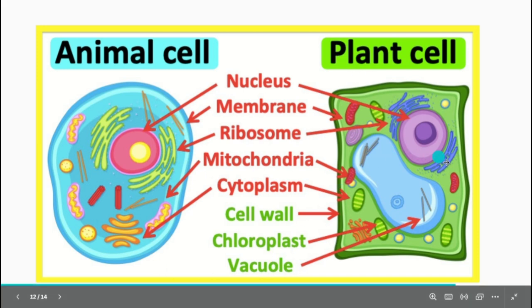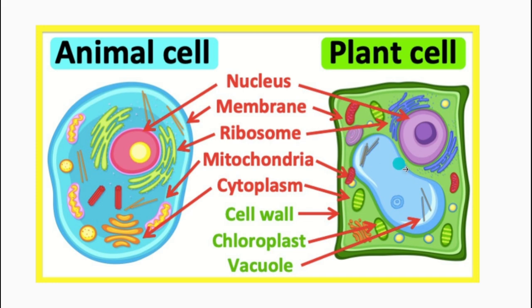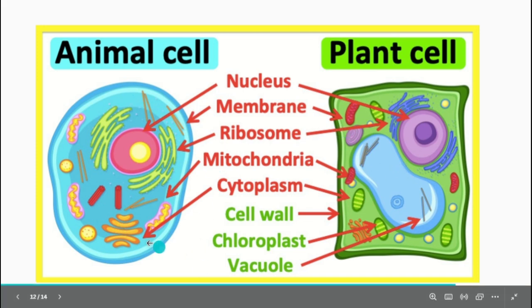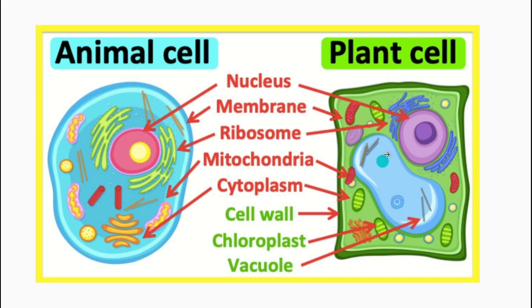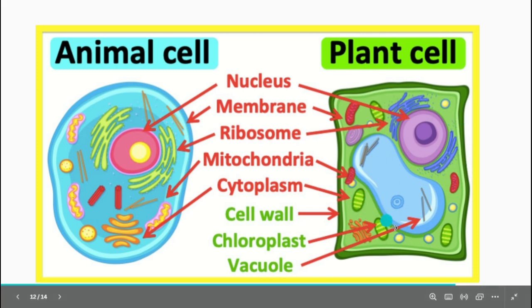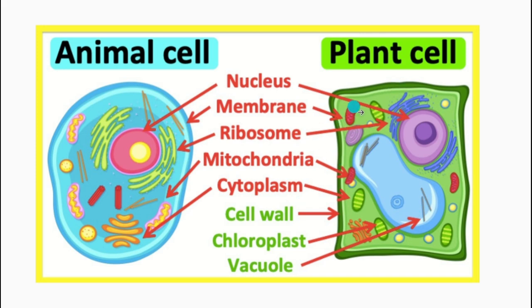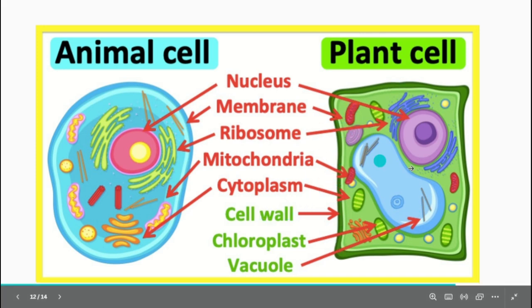As you can see, the big vacuole; this diagram doesn't show the vacuole of an animal cell, but we know it's there, just small. The point is that the plant cell has a really big one. You can see the cell wall, the cell membrane, chloroplast, nucleus, nucleolus inside, and mitochondria, all of that.